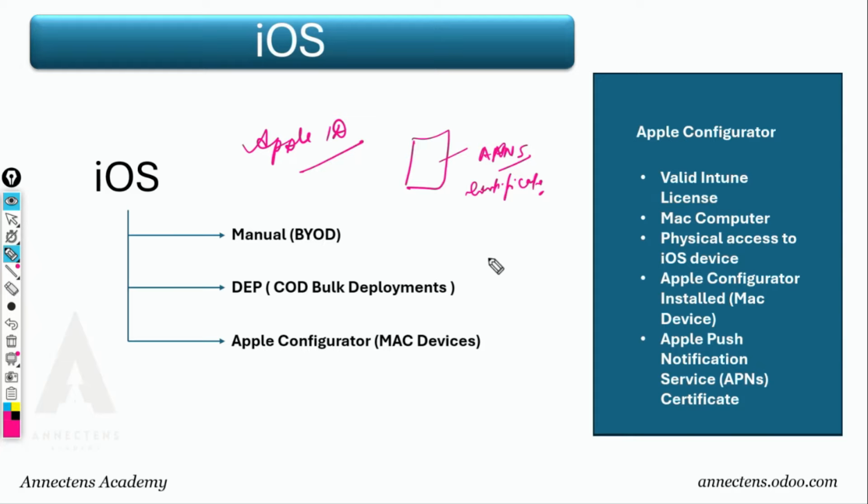Okay, and this certificate is valid for 1 year. So in 1 year, you need to set a reminder for this. As soon as you are approaching the end of the year, you need to renew that certificate. So again, how to renew it? This is your MDM, and this is your Apple.